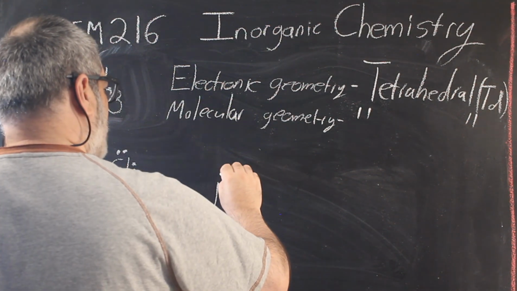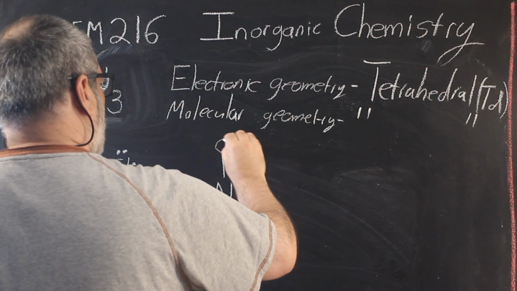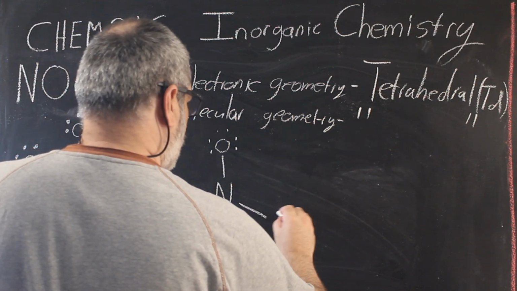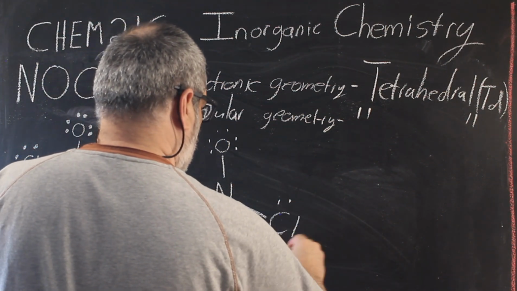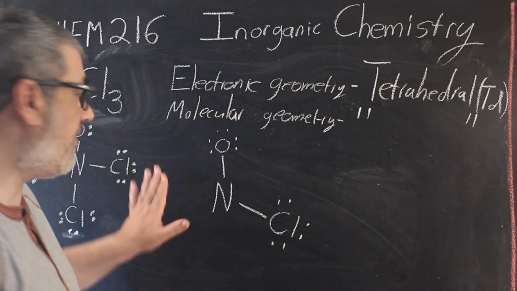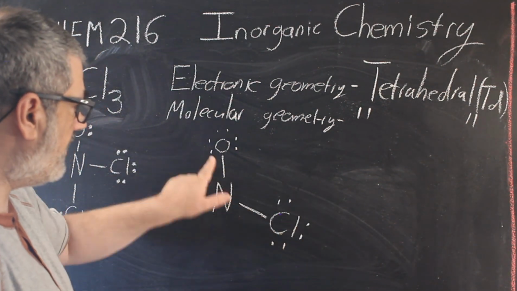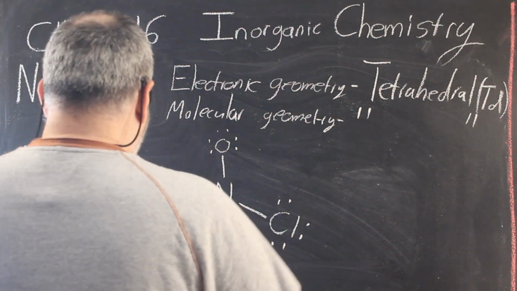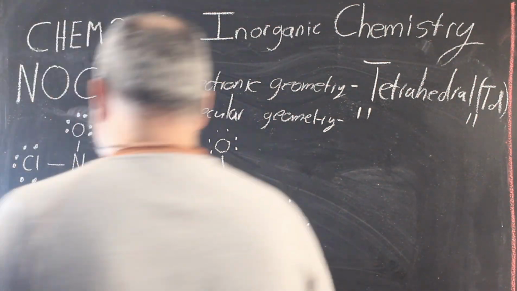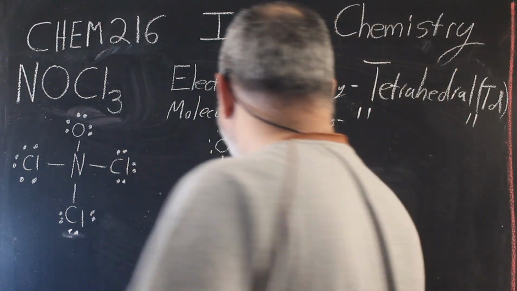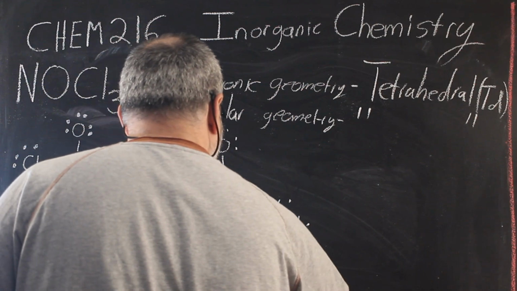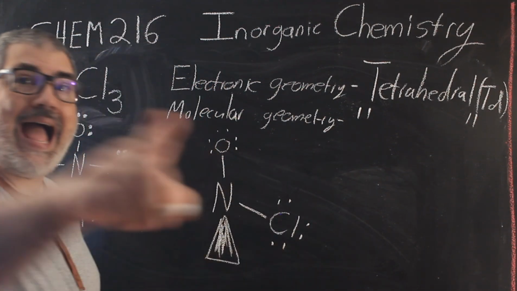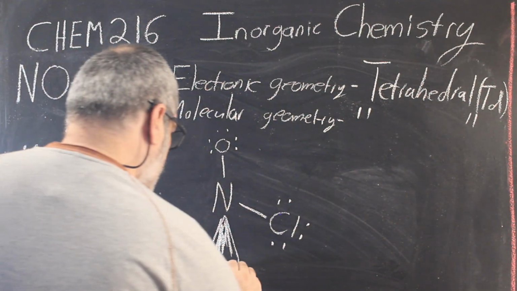So what I mean by perspective: the oxygen and this chlorine, they're in the plane of the board. So I draw the chemical bonds with just regular lines. But this chlorine, imagine that it's pointing out of the plane of the board.